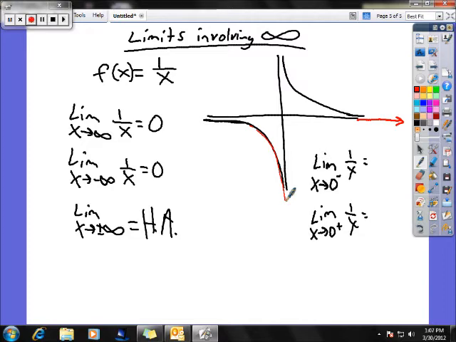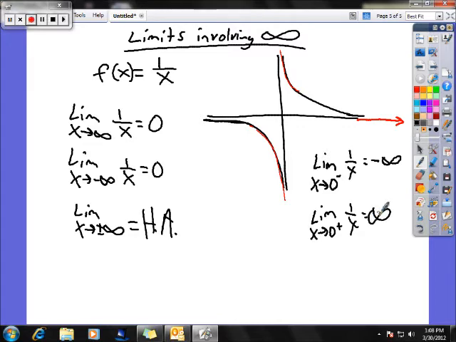It keeps decreasing forever, because we can never hit 0. So the answer would be negative infinity. And as x approaches 0 from the right, we're looking at this piece, and that is going to end up being positive infinity.